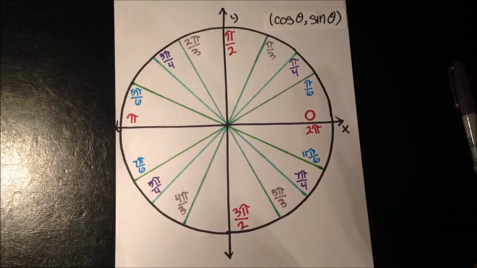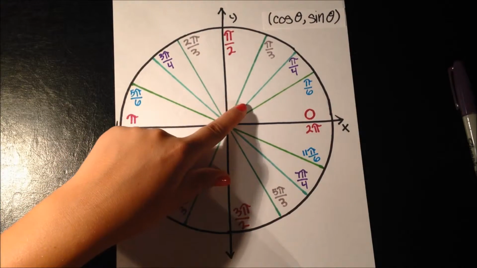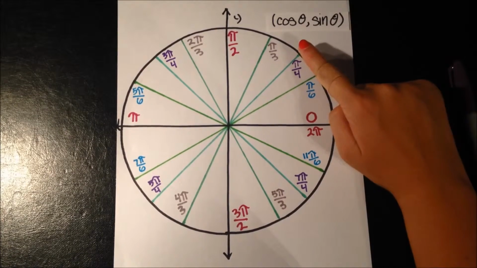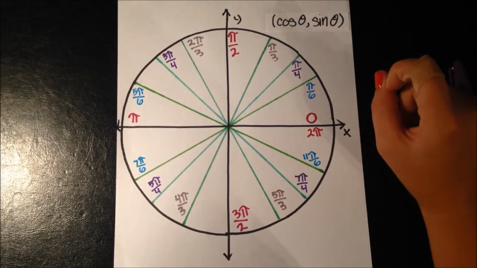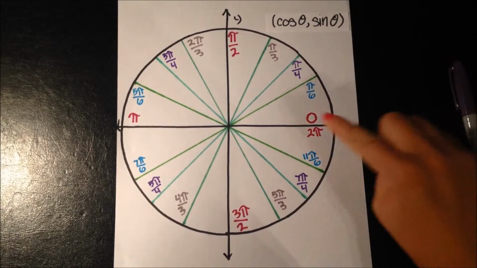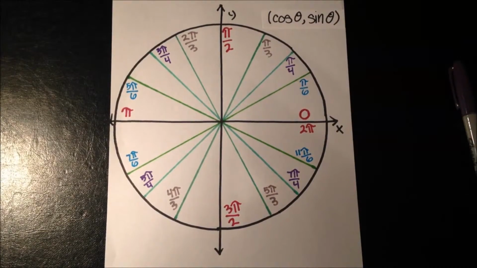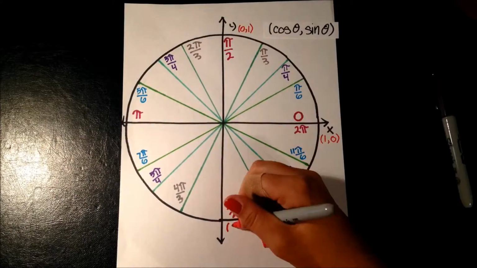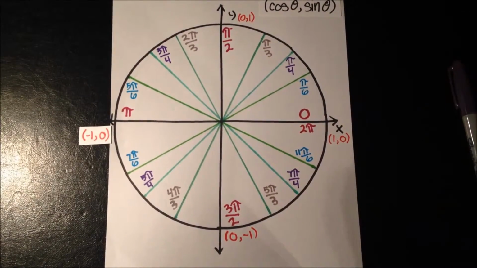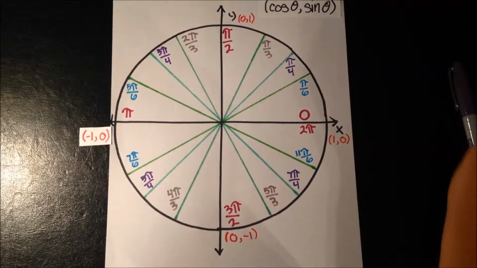Okay, so now we're going to look at the angles that each of these points shows us. And they'll be in the form of cosine theta, sine theta. And so this unit circle will help us by showing us all the different angles that each of these are on. Okay, so these are the 4 points for the axis.